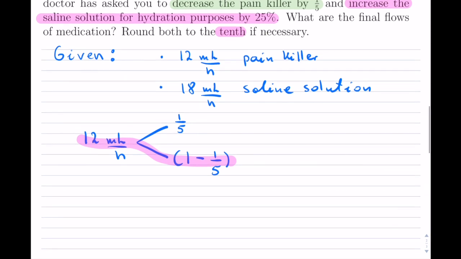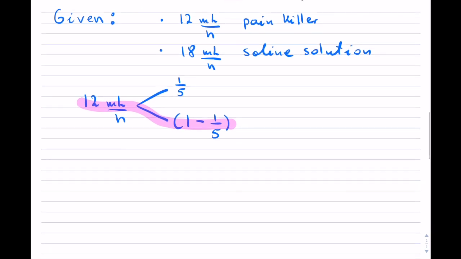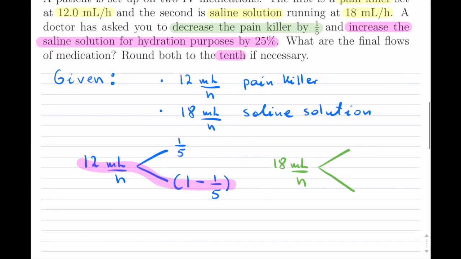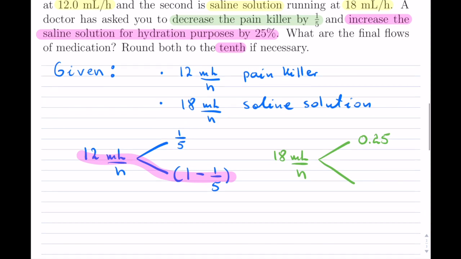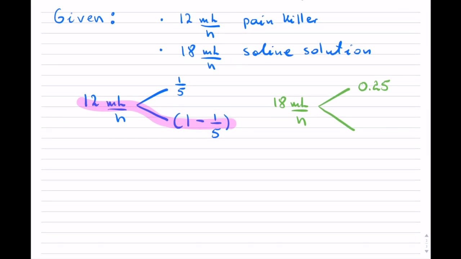Now the second one that we have, I'll write this on the right-hand side. We have 18 milliliters per hour. And for this one, we're supposed to be increasing this, so by 25%. Notice this is a percent, so I change it back into decimal. The previous one, so this one right here, I didn't have to change because it's not a percent.